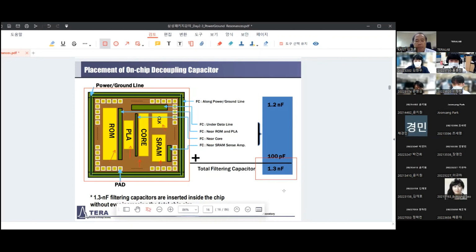Some of them we used oxide capacitance, but mainly we used the MIM type capacitance, and we used this capacitance under the data line, or sometimes near the SRAM sense amplifier. So this blue line is an area we found that we can add some decoupling capacitors inside the chip.